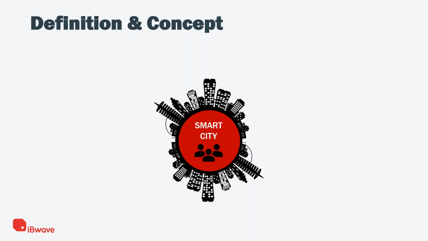But basically, by definition, a smart city is a technologically modern urban area that uses different types of electronic methods, voice activation methods, and sensors to collect specific data. And the information gained from that data is used to manage assets, resources, and services efficiently to improve operations across the city.